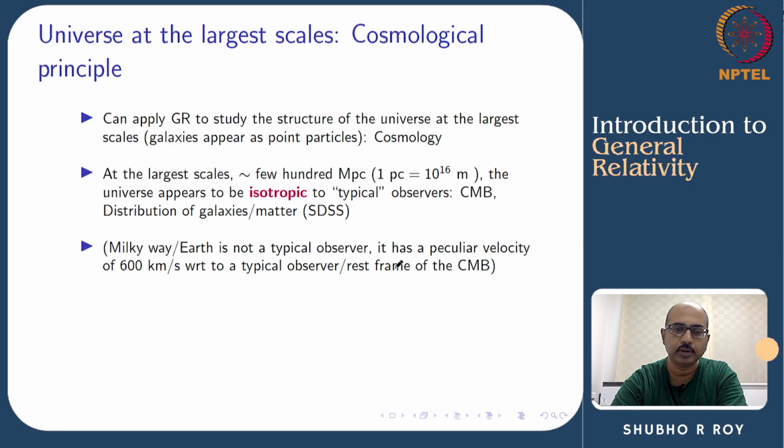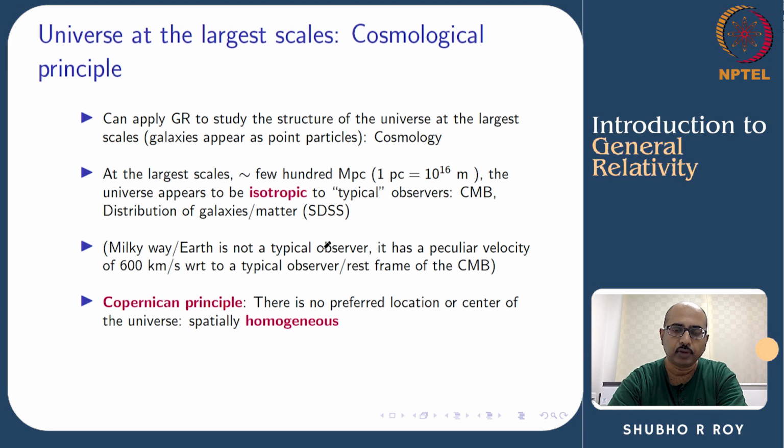We understand that this is because the Earth-bound observer is not a typical observer. It is moving in the rest frame of the CMB with some velocity. As a result, there is some anisotropy in the direction of motion and in the direction opposite to the motion. So Earth, or the Milky Way, is not a typical observer.